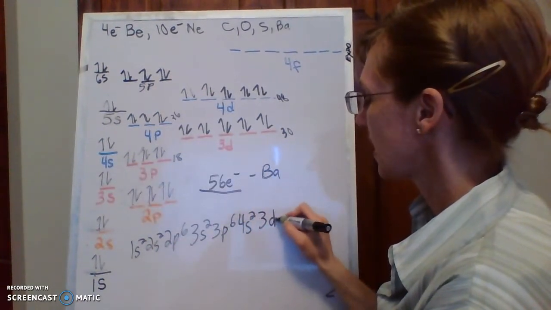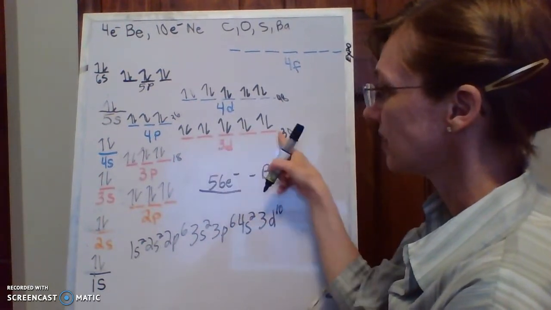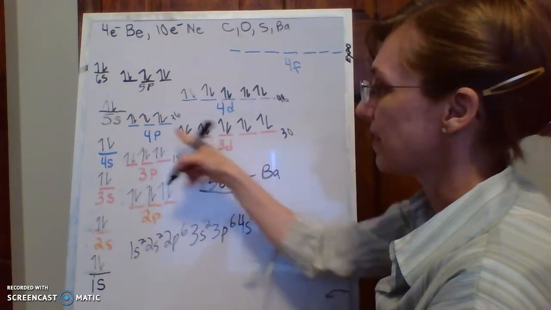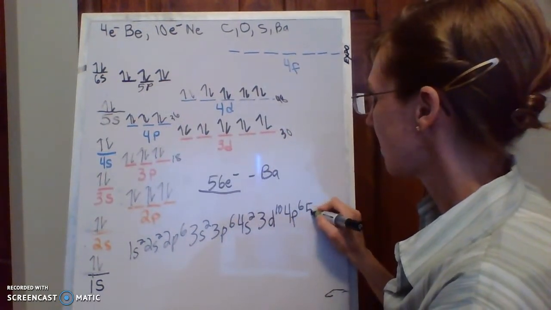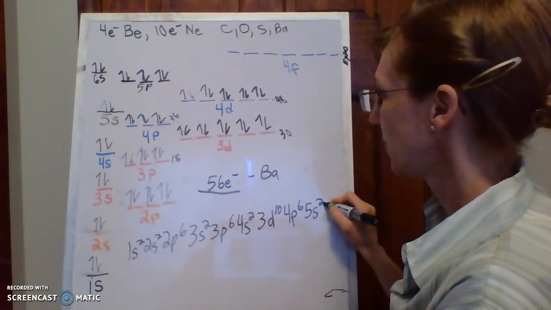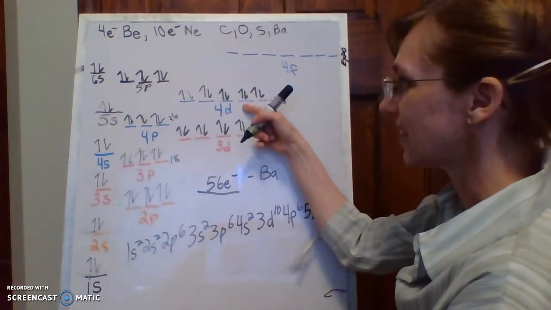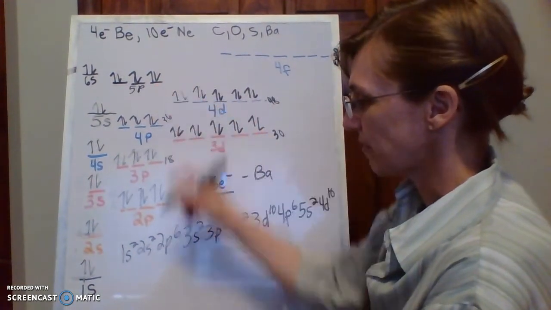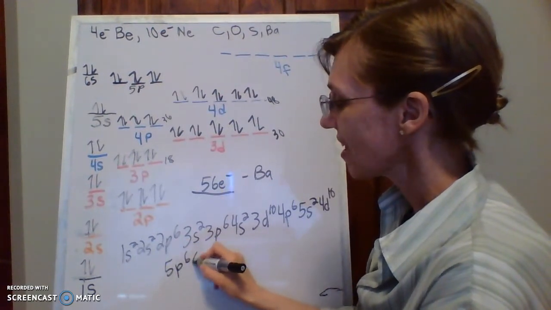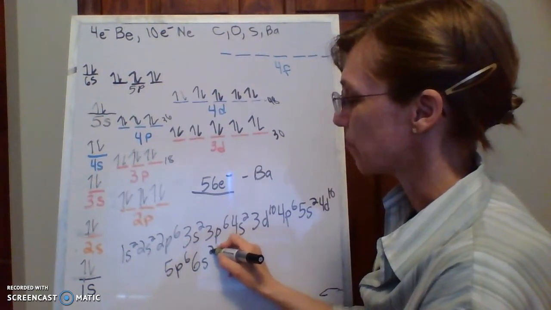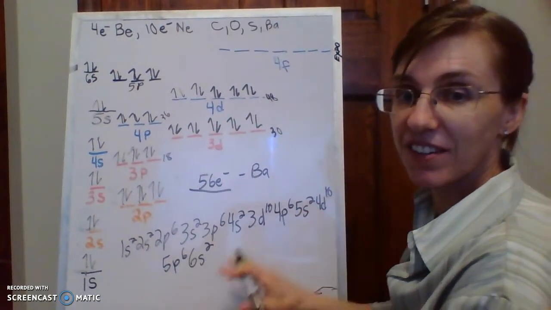The 3d has 10, because it is completely filled. And after that were the 4p's. 4p has 6, then the 5s has 2, and the 4d's have 10. Now over here, we go up to this one. The 5p's have 6, and then the 6s ends up with 2. Okay? So this is the electron configuration of barium.